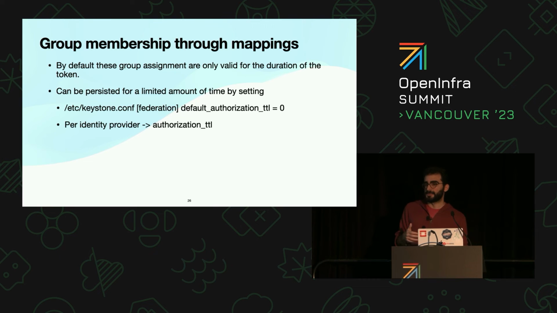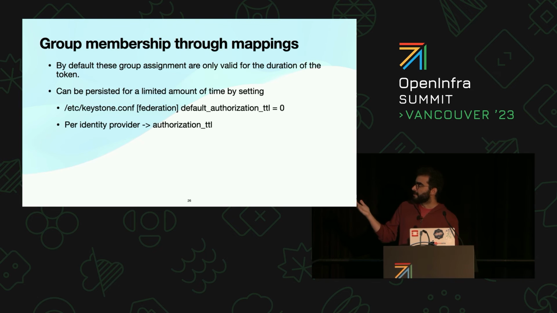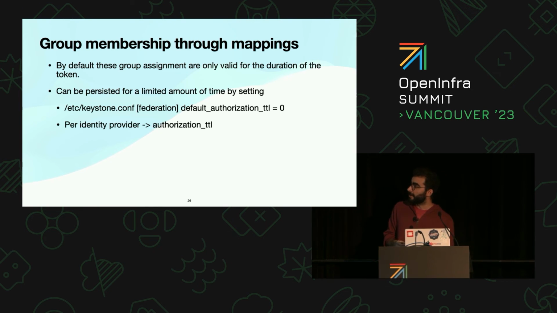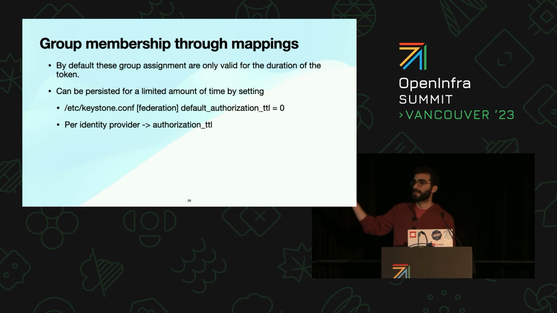There is a possibility to persist these group memberships for a limited set of time. So you can either set the default authorization TTL value in the keystone.conf file, or per identity provider, there is an authorization TTL field in the IDP entity that I described before. So what this does is once a user authenticates, if they carry the developers group and they're matched to a developers group in Keystone, they will be members of that developers group for the value that you put here in seconds.